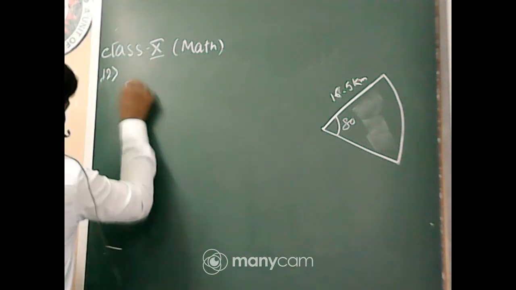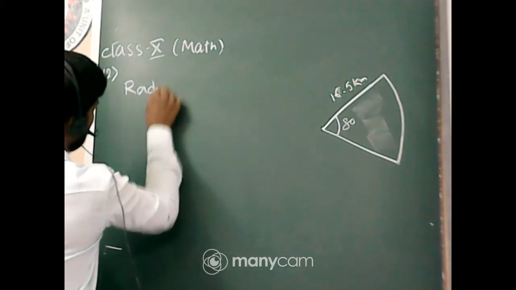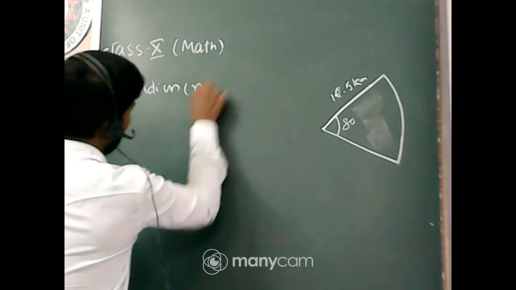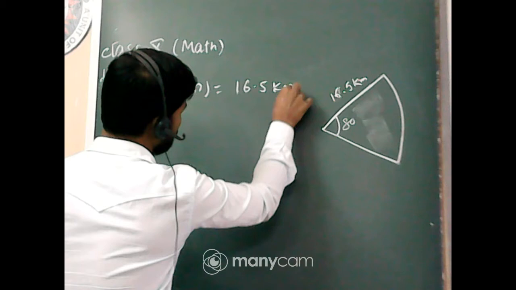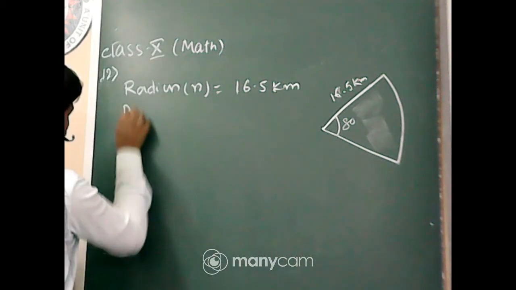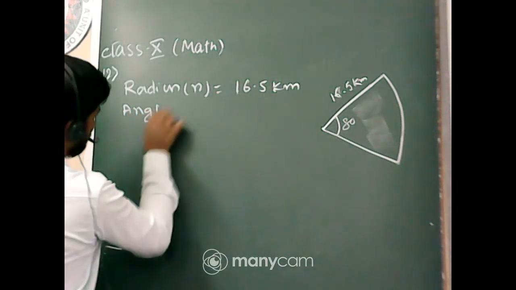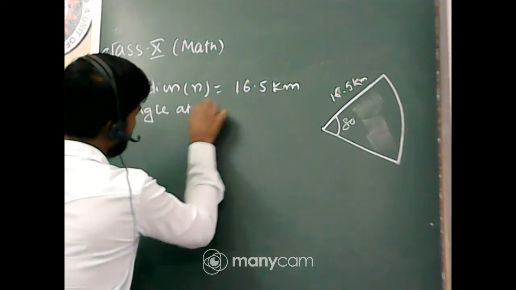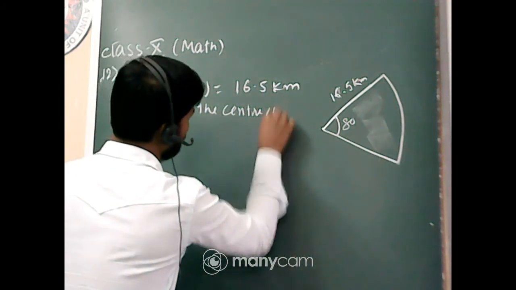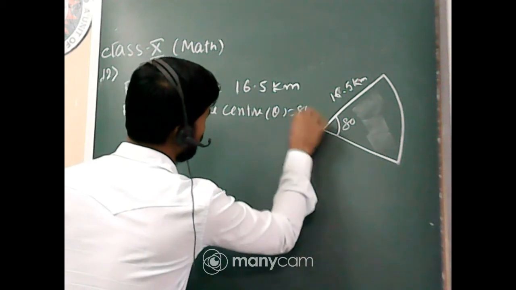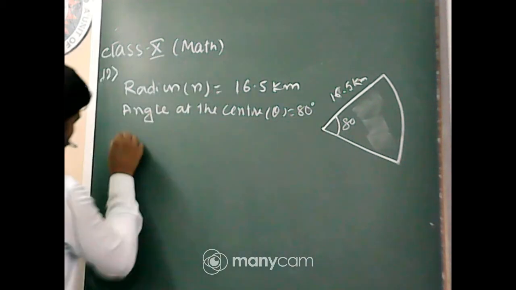So the radius is given as 16.5 kilometer. The angle at the center is also given, equal to 80 degree. So find the area.